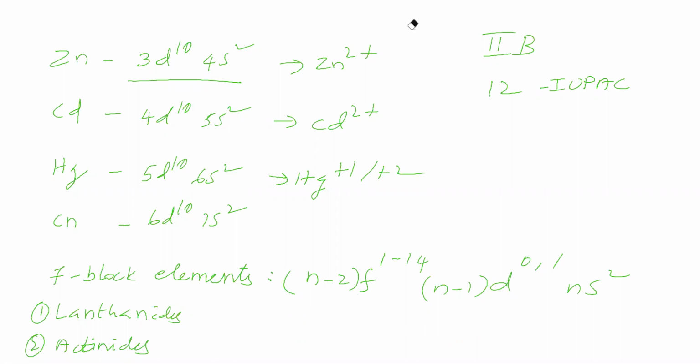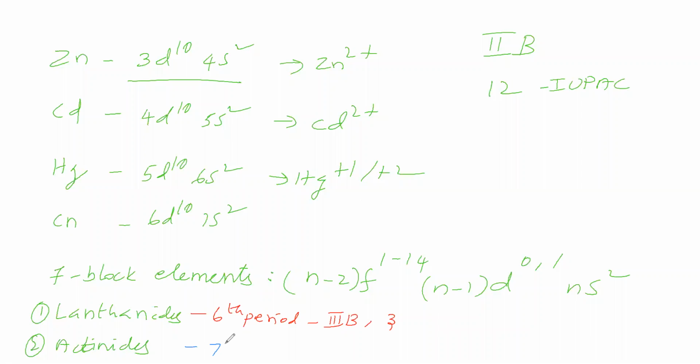There is no change at all. All the lanthanides will come under the 6th period. Group number in the European system is 3B, IUPAC is 3. All the elements are in 3B only. IUPAC means group number 3. Period number is 6. That's all.